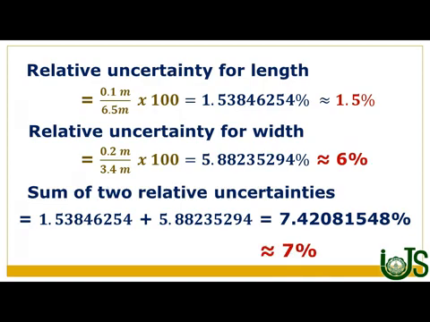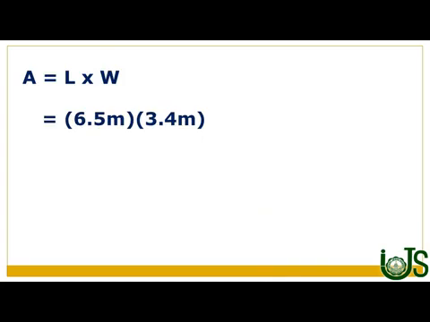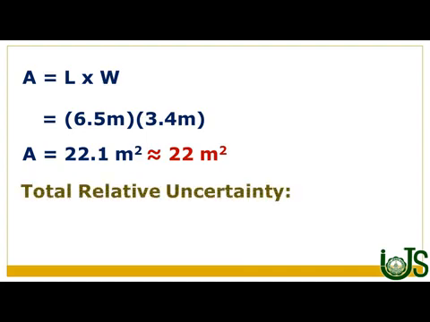Now, to get the area, you multiply the measured value of length times its width. So 6.5 meters times 3.4 meters is equivalent to 22.1 meters squared, or approximately 22 meters squared. So the area is 22 meters squared ± 7%.